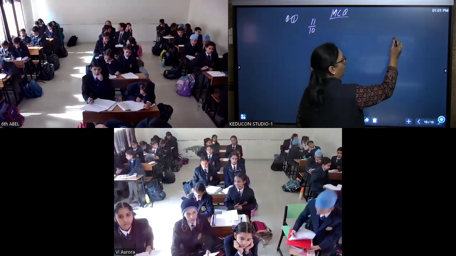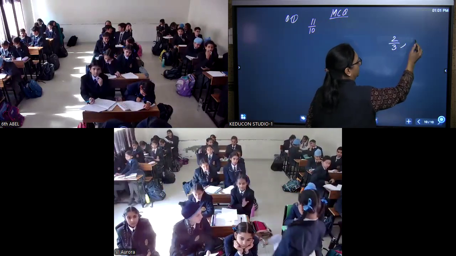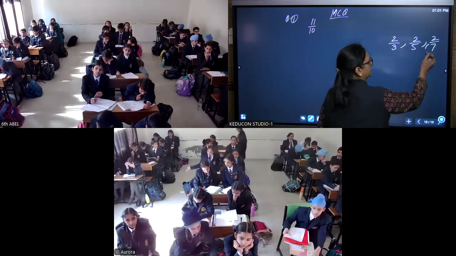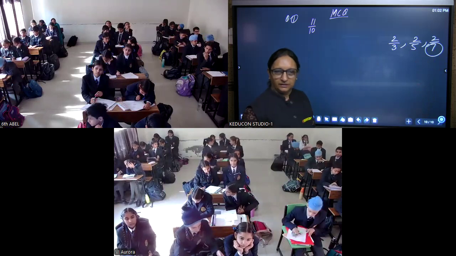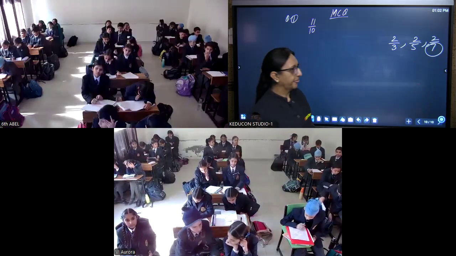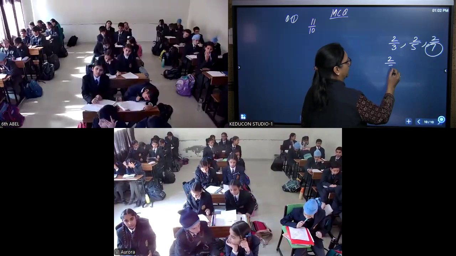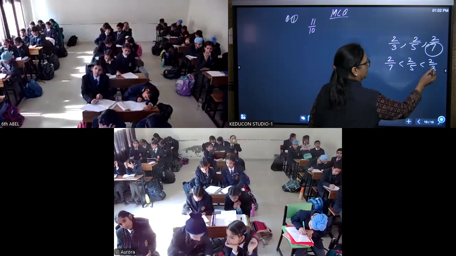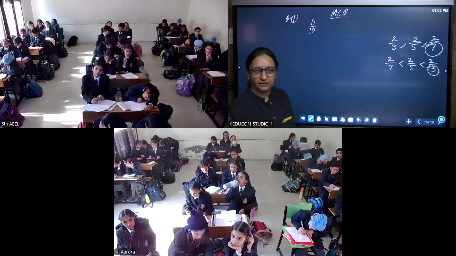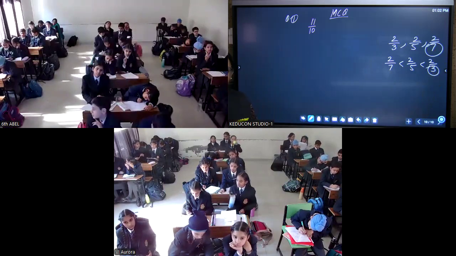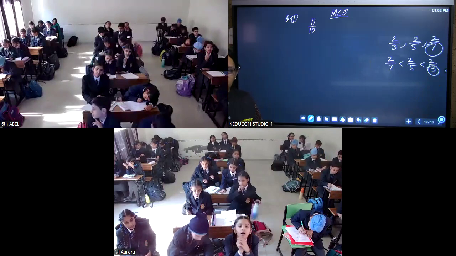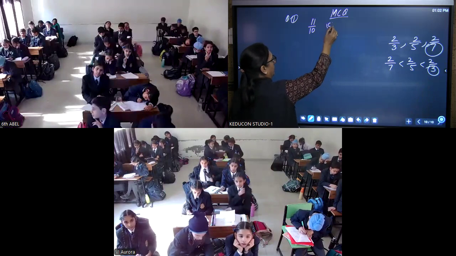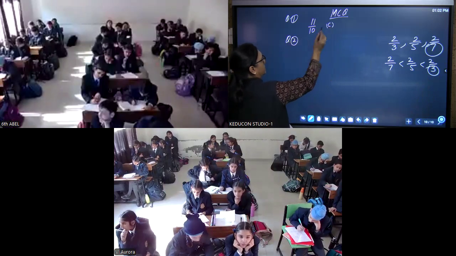Whenever you have all the numerators same, we check that the biggest denominator becomes the smallest. So it becomes like this: 2 by 7 less than 2 by 5 and less than 2 by 3. जो सबसे छोटा था, it has become the biggest number. Everybody knows it, right? So this is C option. Okay, you have prepared well for your exams.